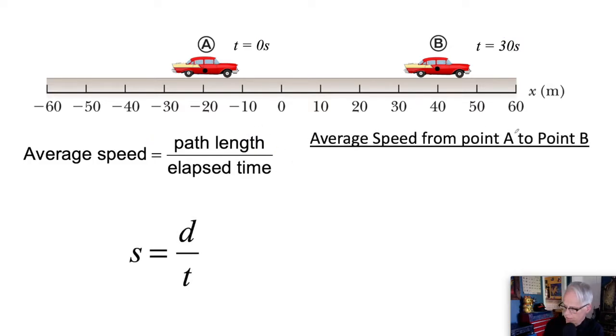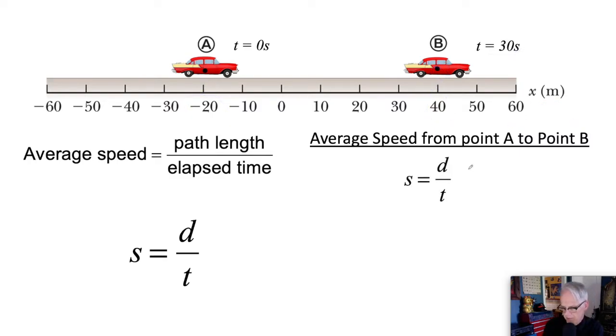So we want to find the average speed from point A to point B. So our car here is at, we've marked this at negative 20 meters. Here's our frame of reference. And at B, it's gone to 40 meters. And it took 30 seconds to do that.